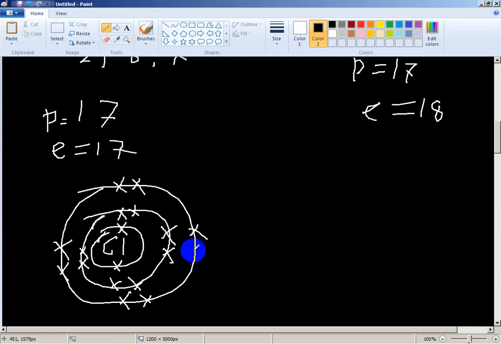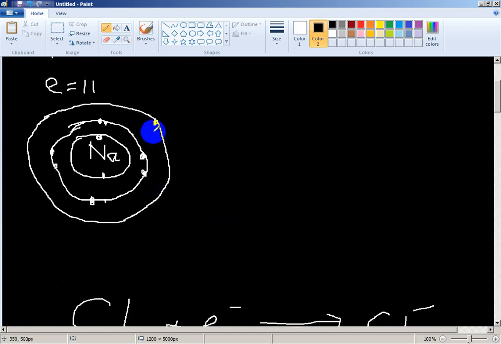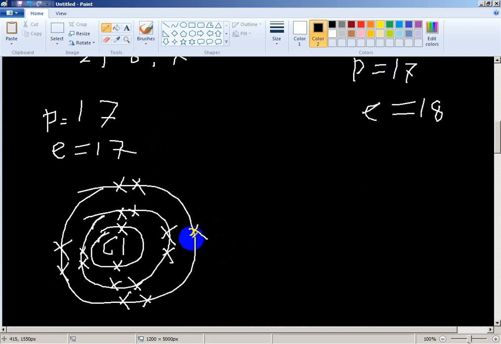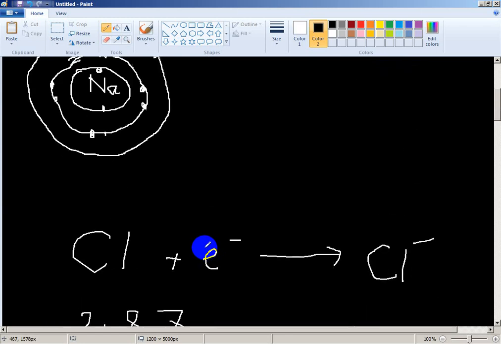Sodium can lose an electron easily, so it will lose 1 electron. It is difficult to lose 7 electrons. It is easier to gain 1 electron, so chlorine gains an electron and sodium loses an electron.